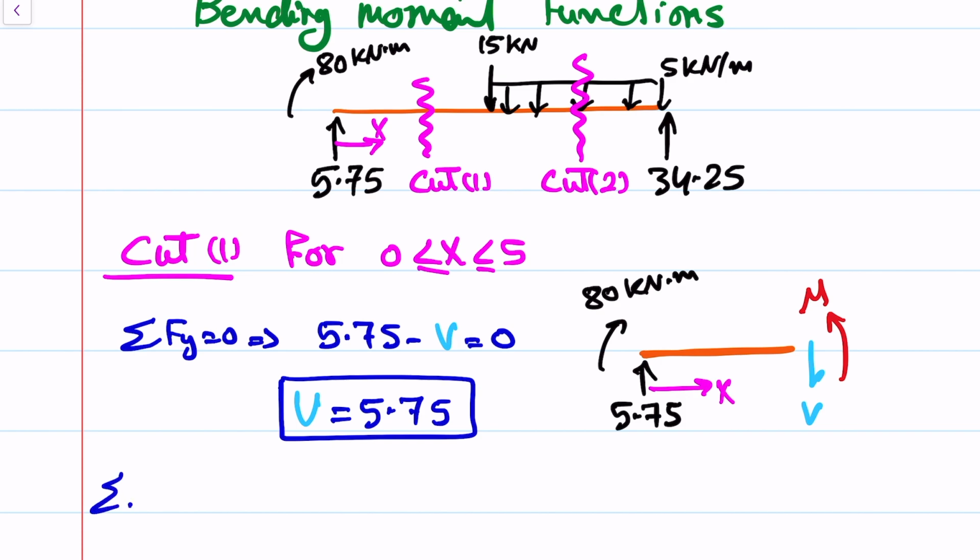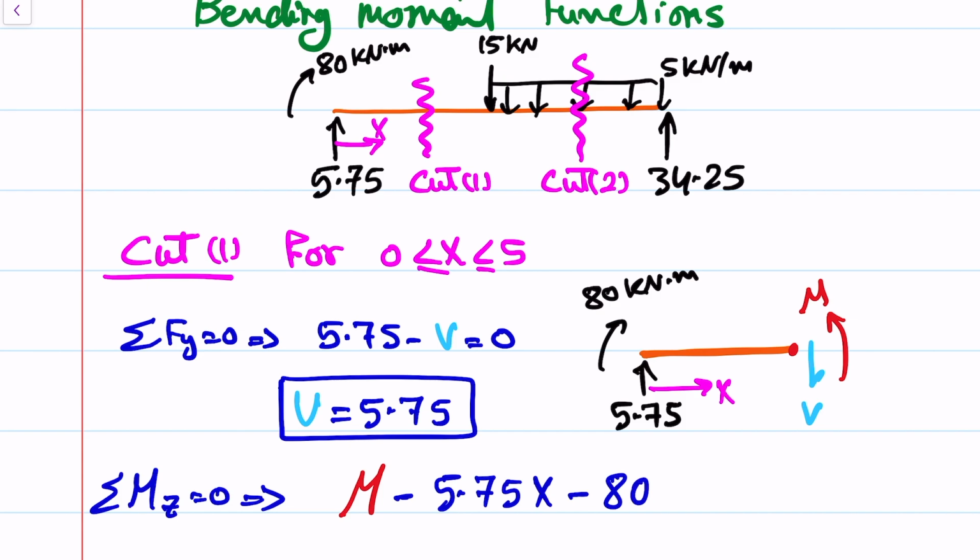And then summation of moment equals 0, and as usual we are taking the moment about the cut point, so M, and then we have negative 5.75x, and we have negative 80.